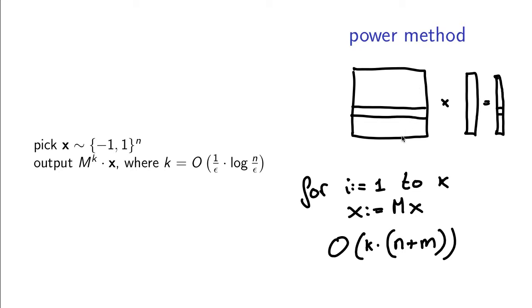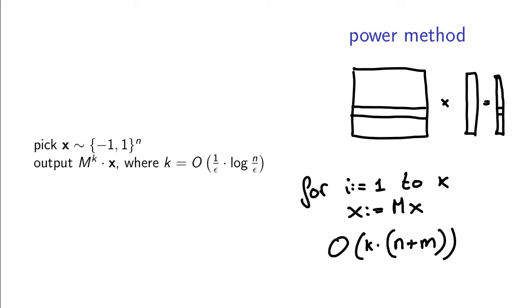Now, if this matrix is given in a compact representation, where instead of having for every row an n-dimensional vector that gives the elements of the row, we just have a list of the non-zero entries of that row, then this inner product can be computed in time which is just big O of the number of non-zero entries of this row. So the total computation will be the summation over the rows of the number of non-zero entries of that row. So overall, the running time will just be order of the number of non-zero entries of the matrix.